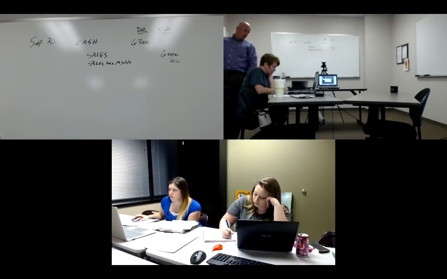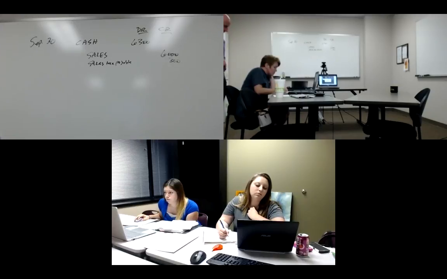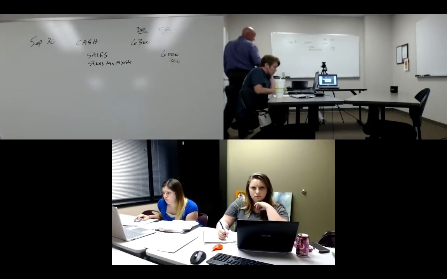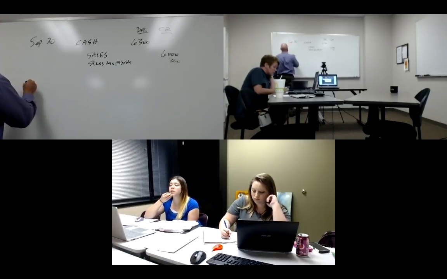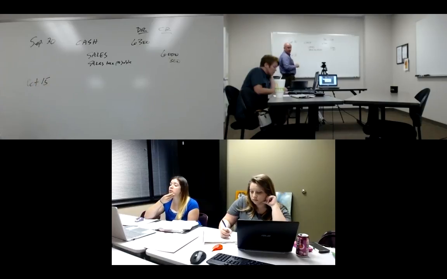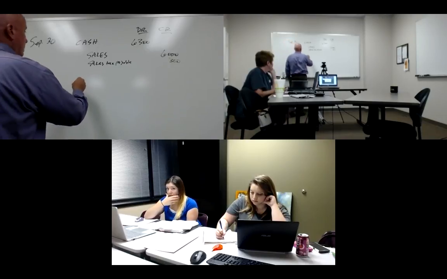Now the second entry says to record the remittance of the 5% sales tax to the state government on October 15th. So on October 15th, you're going to debit sales tax payable for the $300, since you're turning that over to the government.